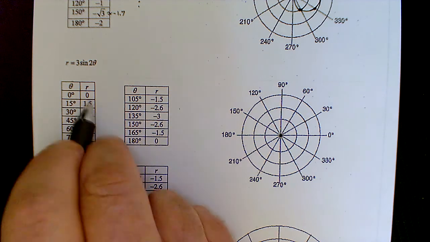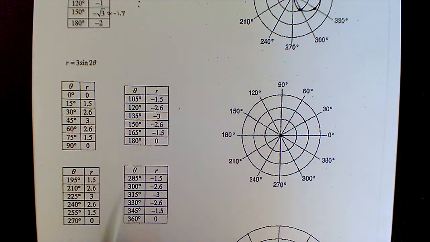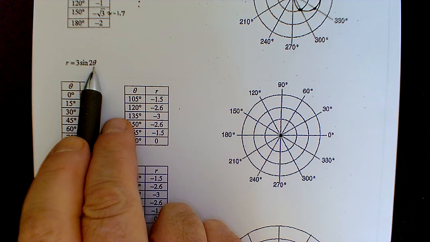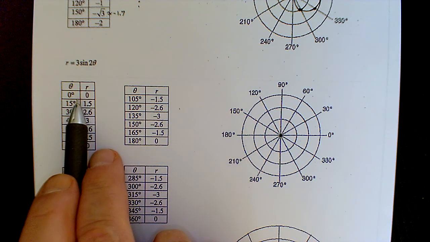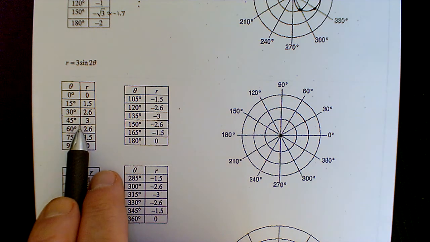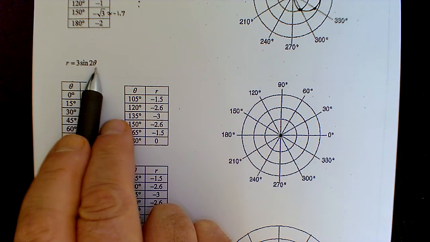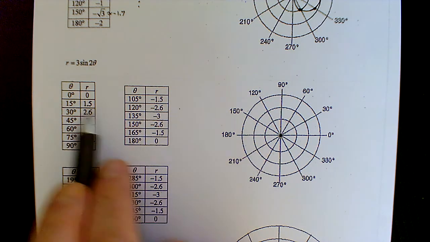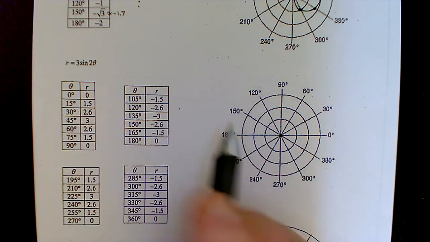I separated this into 4 pieces, as we're going to see why momentarily once we see what the graph looks like. And because the argument was 2 theta, I chose theta to be multiples of 15 degrees, so that the angle was multiples of 30 degrees. So this can make for a nice accurate sketch.